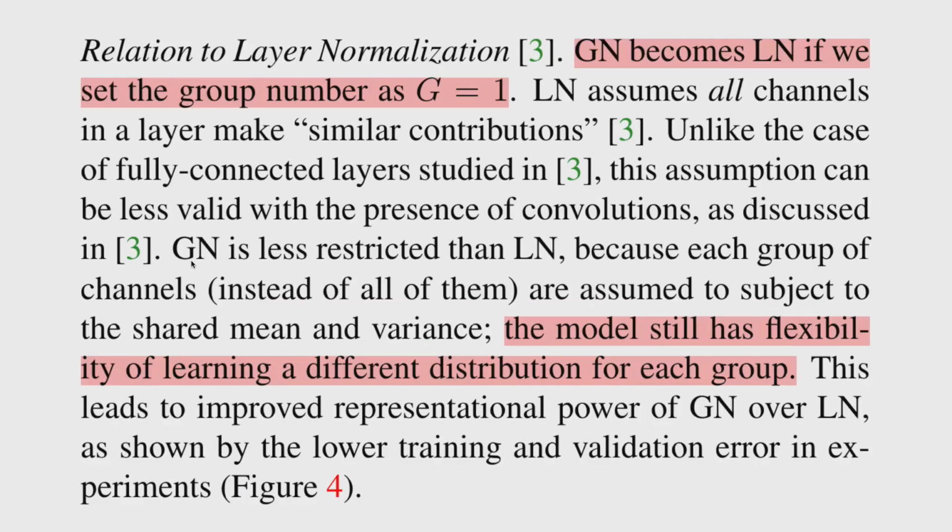They also say that group norm is less restricted than layer norm because each group of channels are assumed to be subject to the shared mean and variance. The model still has flexibility of learning a different distribution for each group. So remember, the mean and the sigma are only calculated for that group. So the model can learn different mean and variances for the different groups of channels. So it has this kind of more flexibility of learning different things.